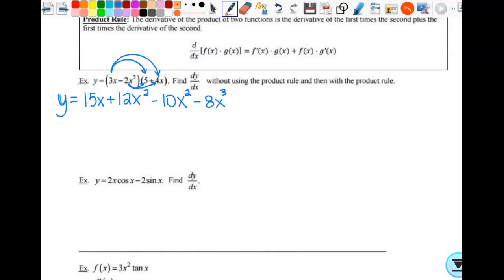I notice we have like terms, so I'm going to go ahead and combine like terms before I take a derivative. So 15x plus 2x squared minus 8x cubed.